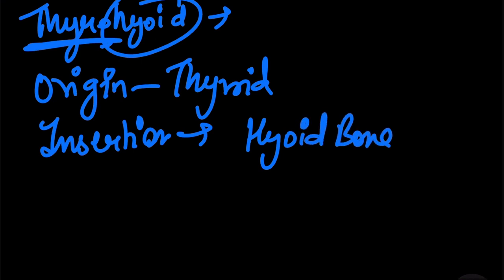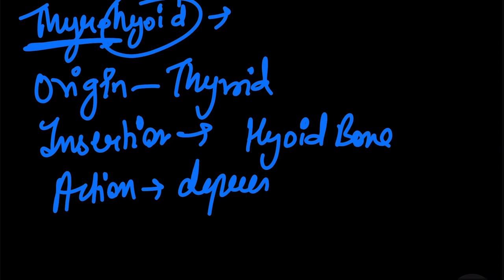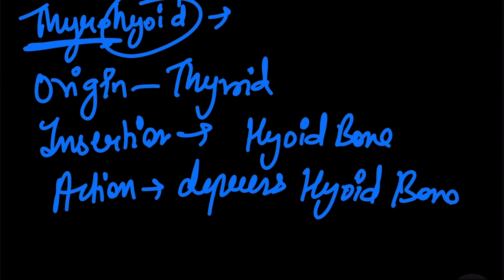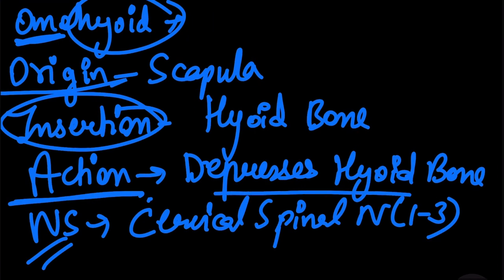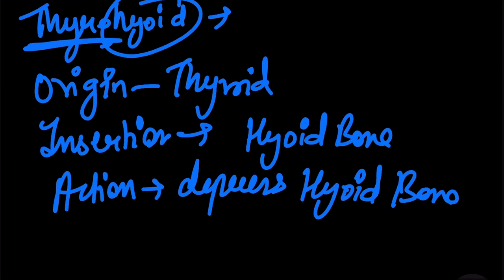Now its action will be depress hyoid bone. Another muscle which depresses hyoid bone is omohyoid. We have already seen in this part, see, depress hyoid bone when we talk about omohyoid.